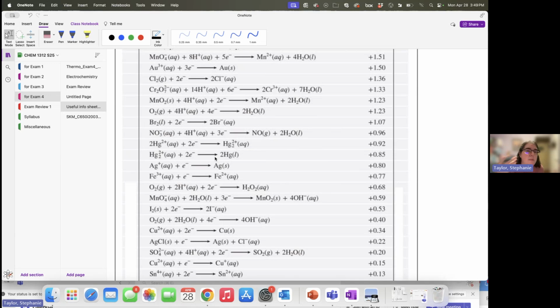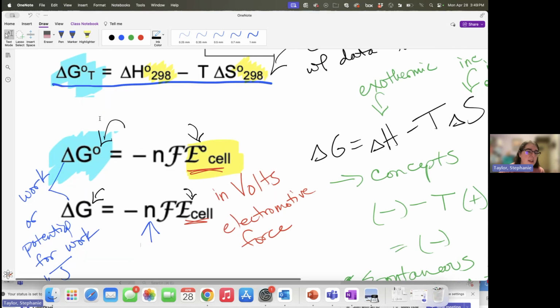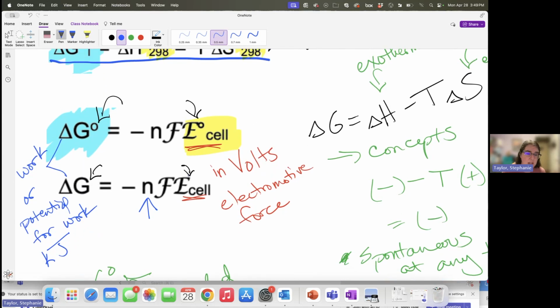A lot of times we're like, tell me about standard E cell. And the standard E cell value is just dealing with the voltage that's over here in this right-hand column, without trying to do more things with the number of electrons. But if we actually want to talk about work, how much work can I get out of here? Now I actually care about the number of electrons. How many things are actually being transferred?